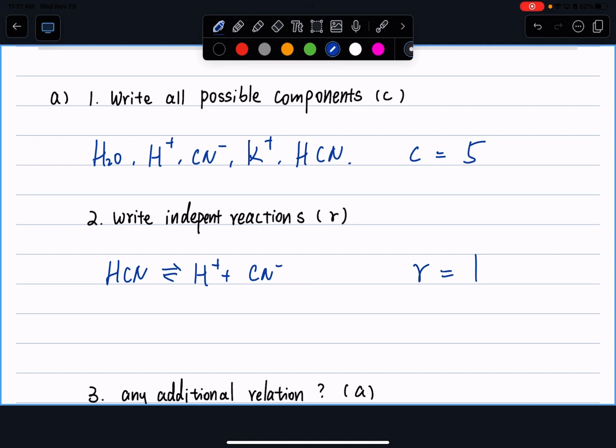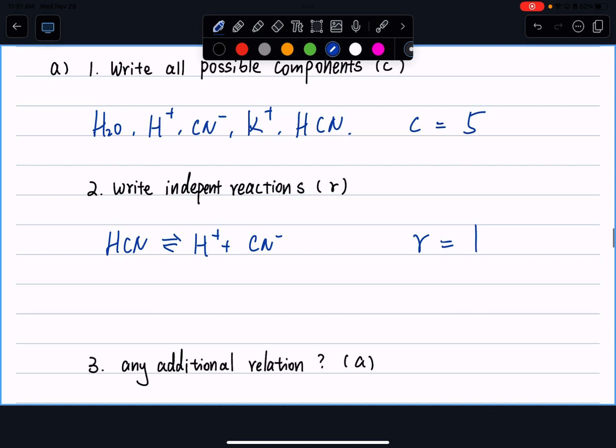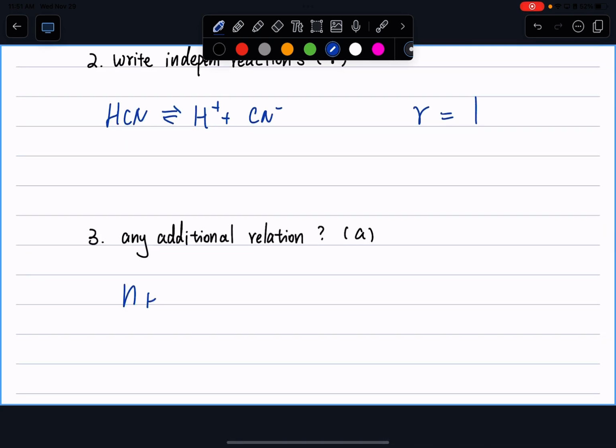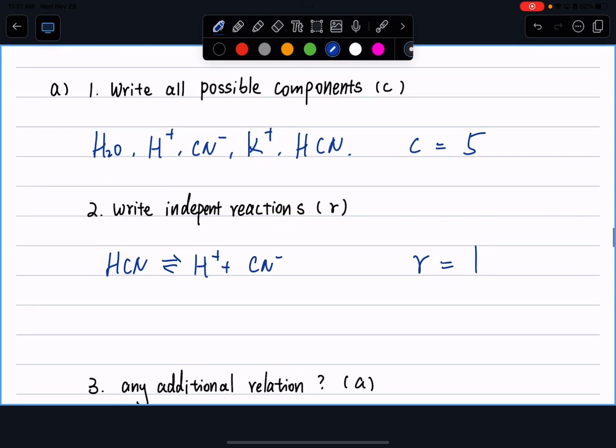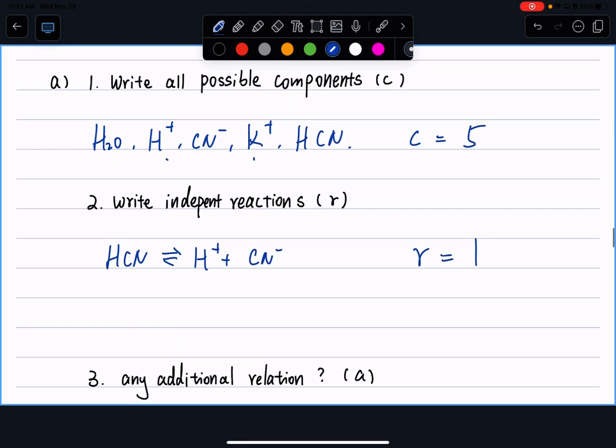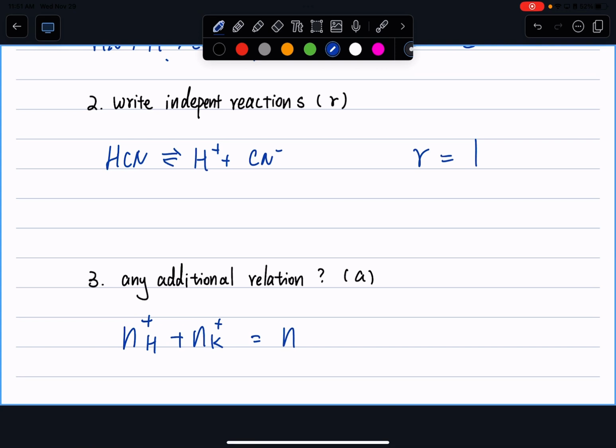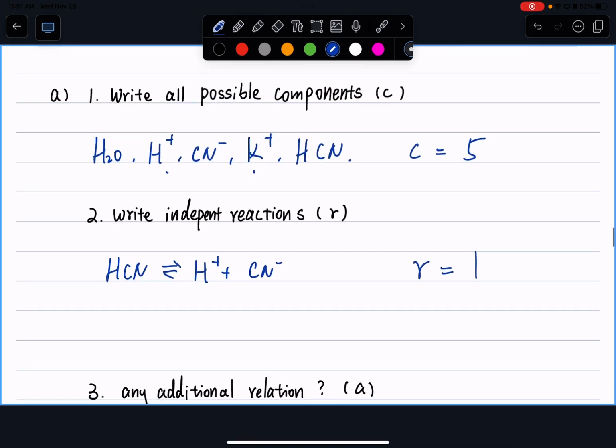What are the additional constraints? Now your charge must be balanced. So what that means is the total number of H plus and K plus, these are my cations, must equal the number of moles of your CN minus. So that gives you A equals 1. All right.